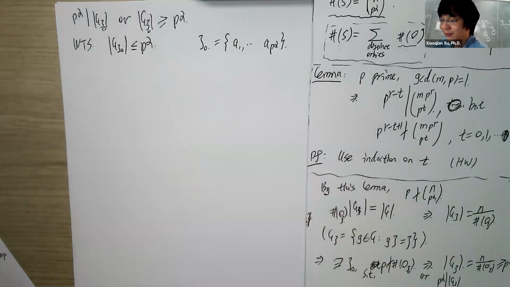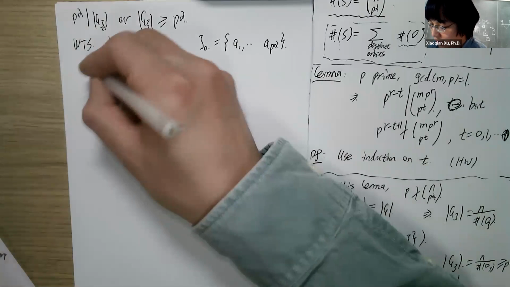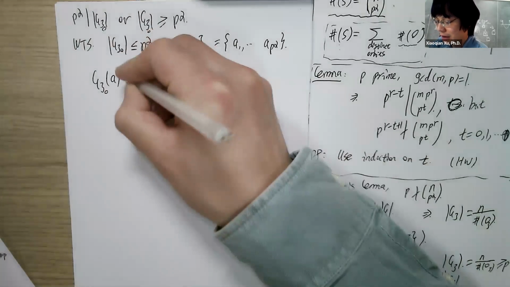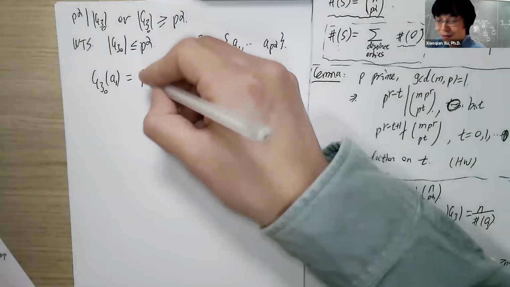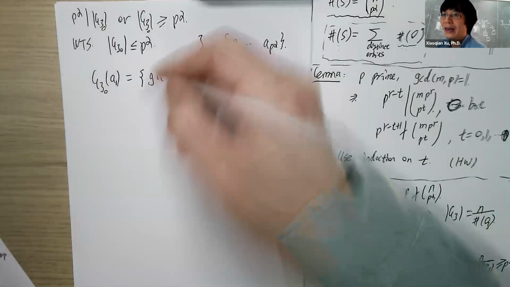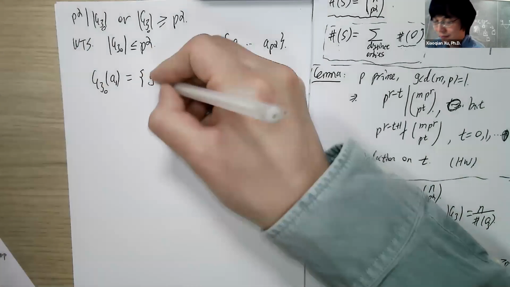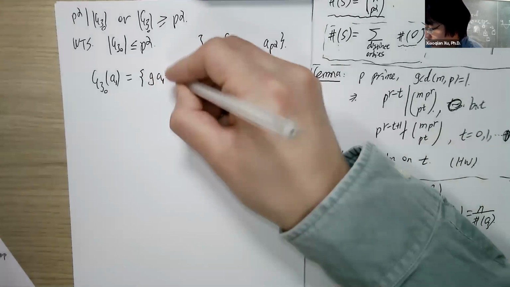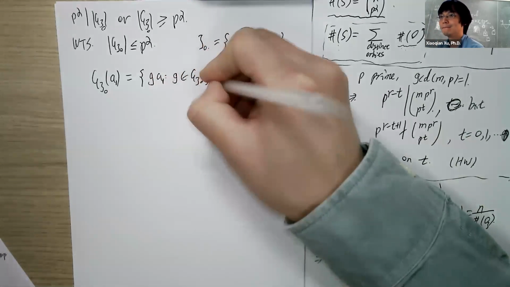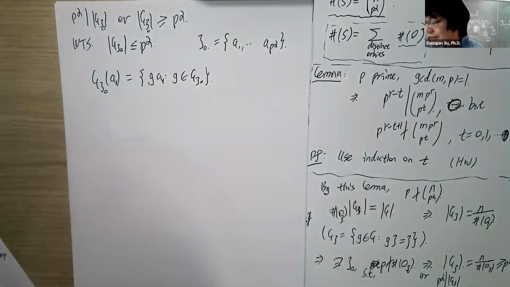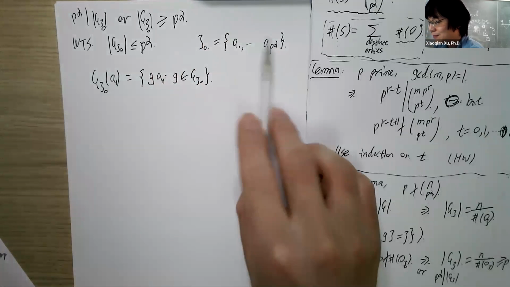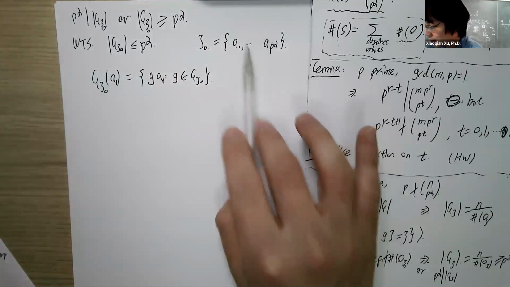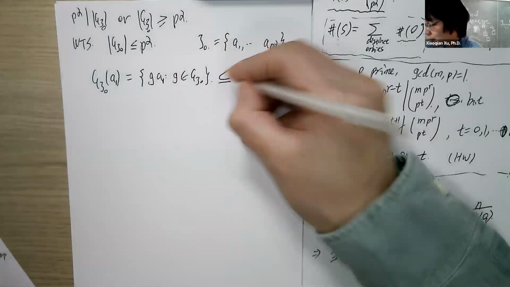For instance, let's take a1. It is all the elements of GC0 multiplied by a1. Since this GC0 is a stabilizer, all the elements multiplied by this a1 must lie in C0, right? So it's a subset of C0.